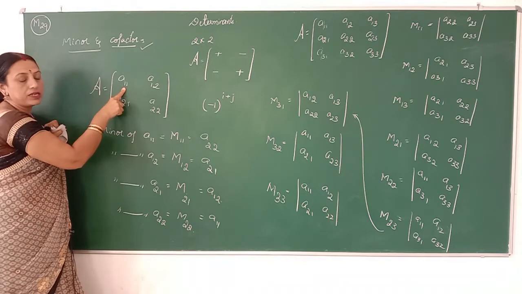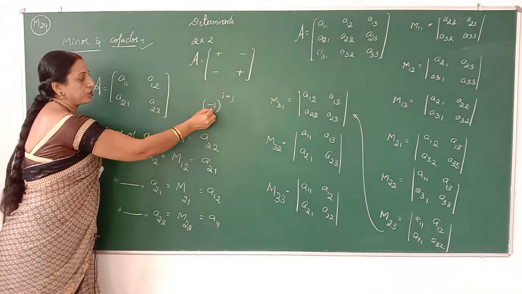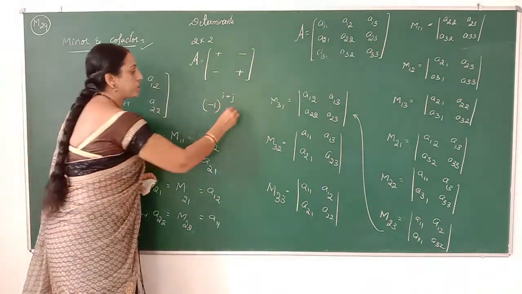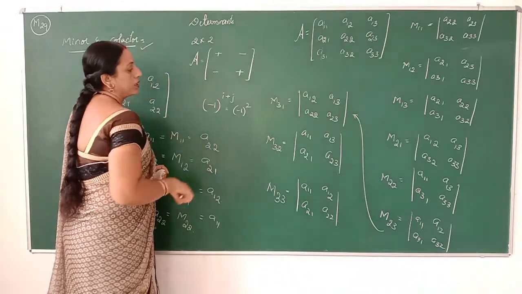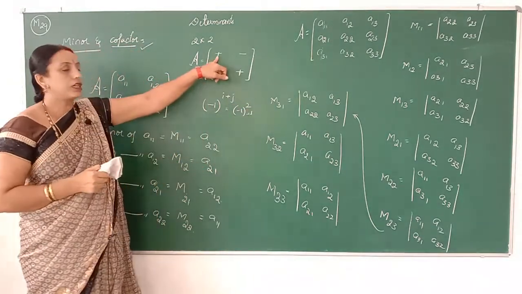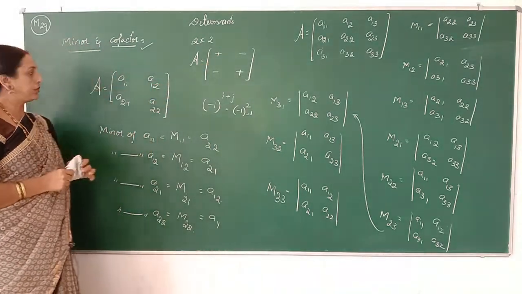A11 means the element is in the first row and first column. Substituting, minus 1 to the power of 1 plus 1 is minus 1 to the power of 2, which is positive. That is the sign of the first element of the 2 cross 2 determinant.